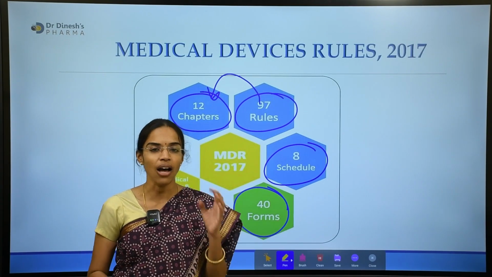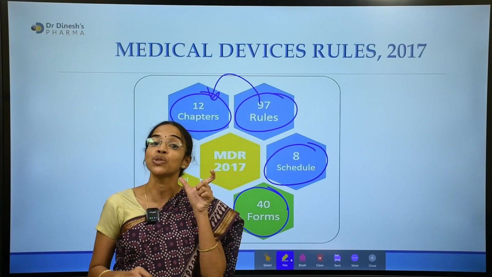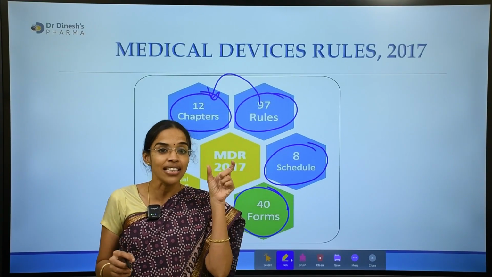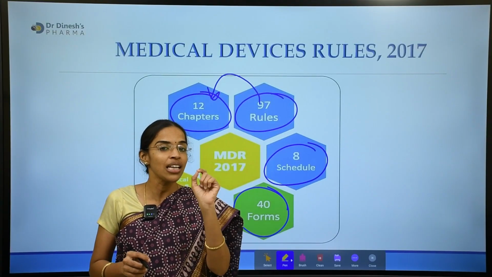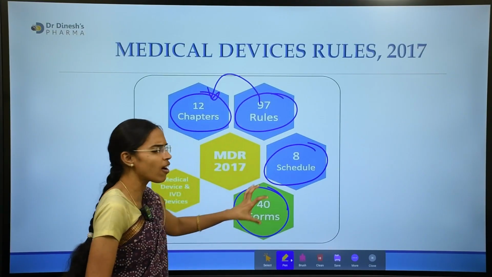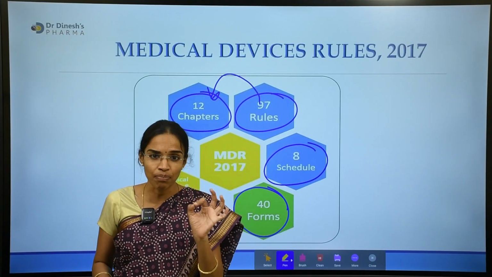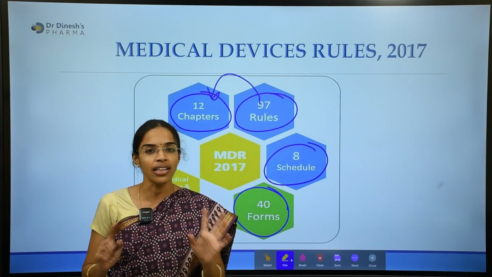All of these are important because only this part is covered. It is very specific because the examination and the cadre itself is UPSC Drugs Inspector, especially in medical devices. All these form a very important and crucial part of the syllabus. Nothing to miss out of that.